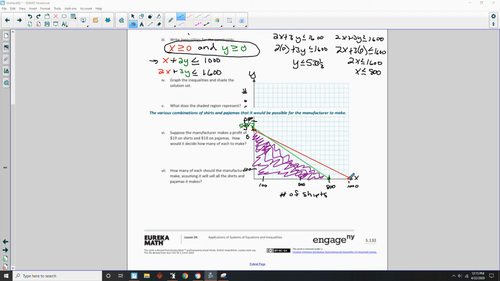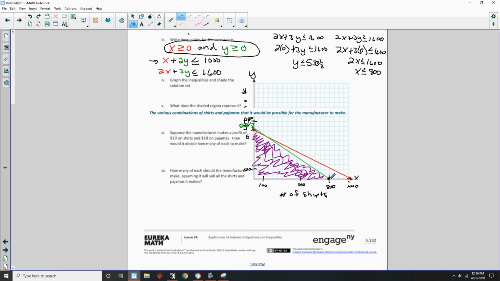So I can't make 1,000 shirts because that's not less than 800. I can only make 800 pajamas. So if I make 1,000 shirts, then I don't make any pajamas. Okay, so I don't want to be in the non-shaded region. So I can't go over 800.